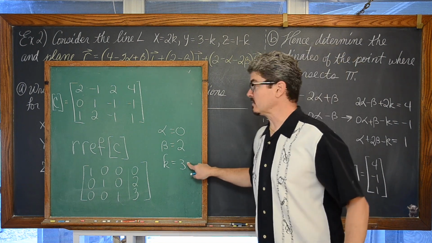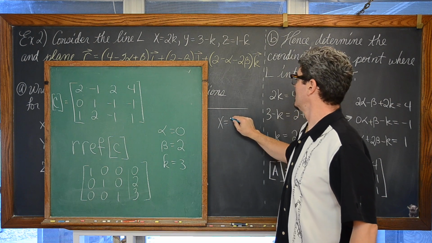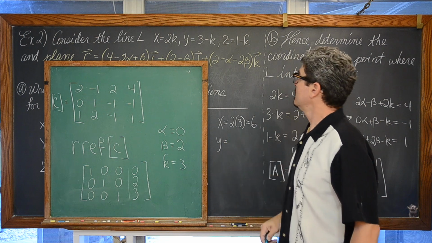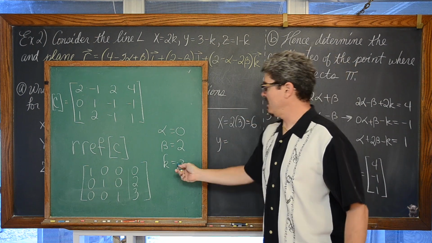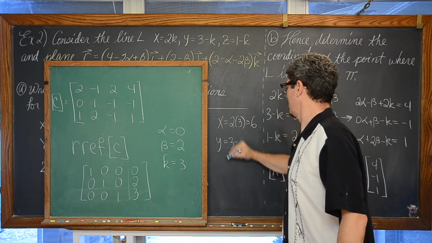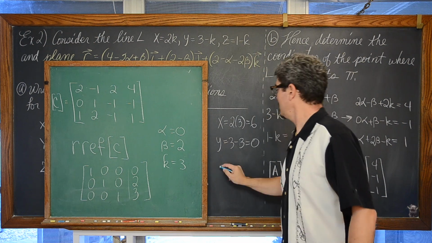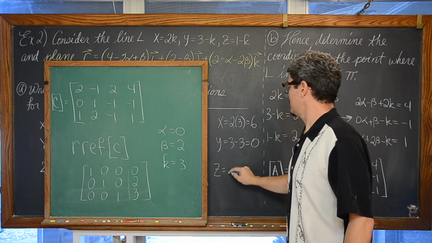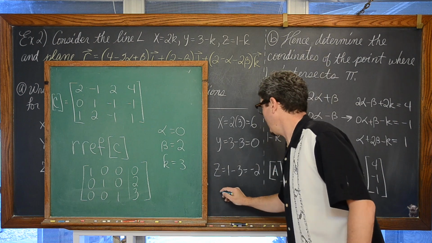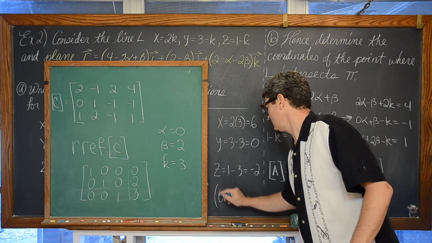Now that we know that k is equal to 3, x is equal to 2 times 3, which is 6, y is equal to 3 minus k, 3 minus 3, which is 0, and z is equal to 1 minus k, which is negative 2. Your point of intersection is 6, 0, negative 2.